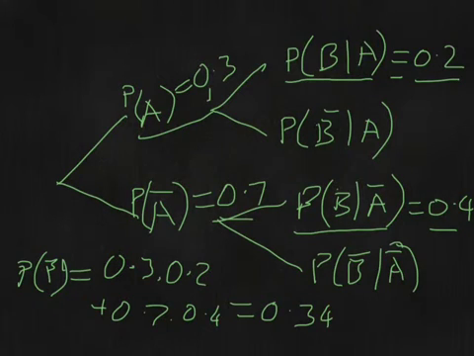The next thing we want is the probability of A given B, which is slightly trickier but not really much. Knowing that we have B, we already worked out that the chances of getting B were that one, that one, and that one.